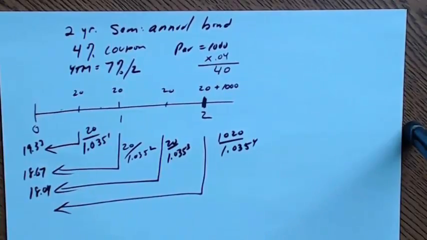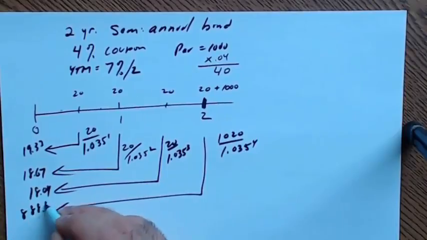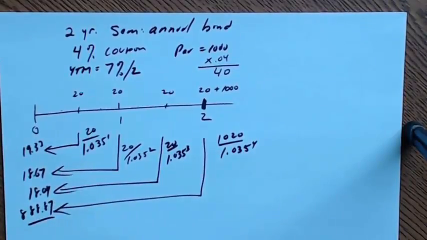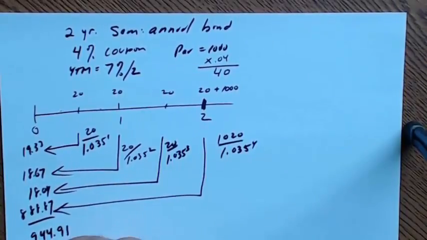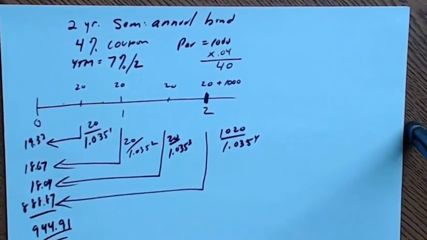And when I do that whole thing, I get $888.87, and when I add this up, I get $944.91 is the value of this bond.